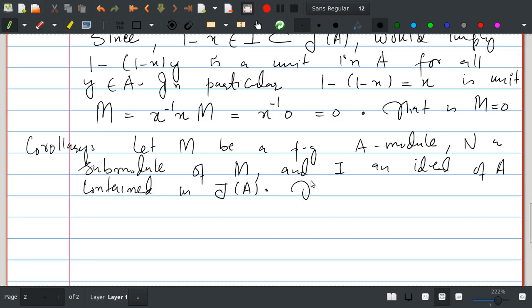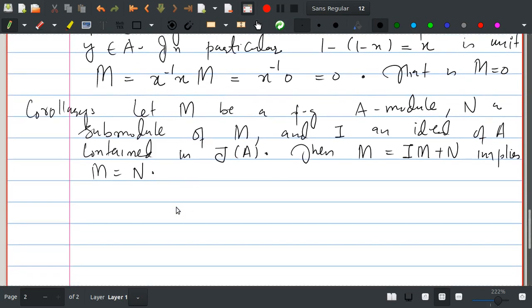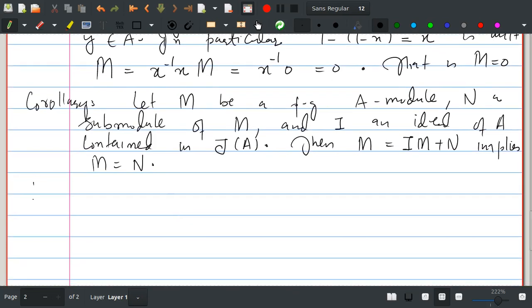Then M equals IM plus N would imply that M is actually equal to the submodule N. So let us prove this.